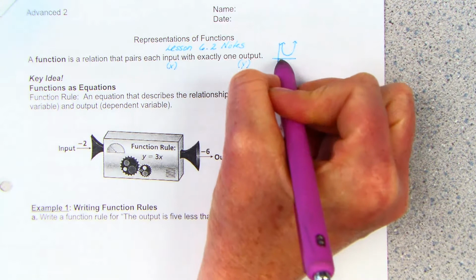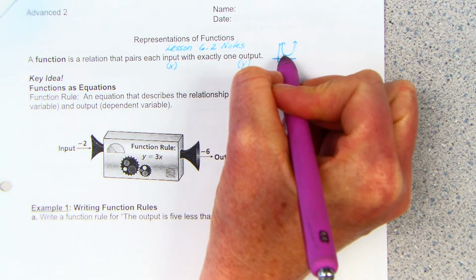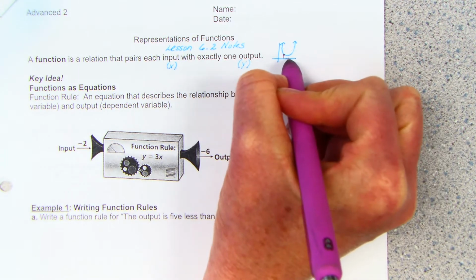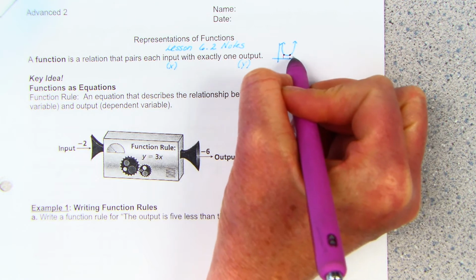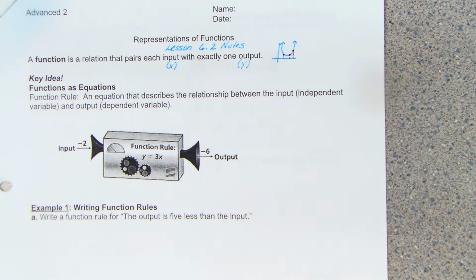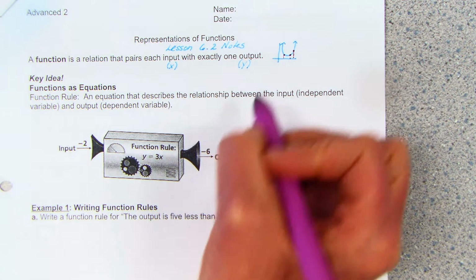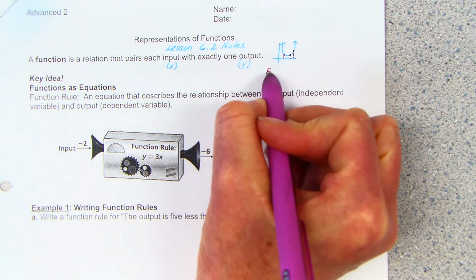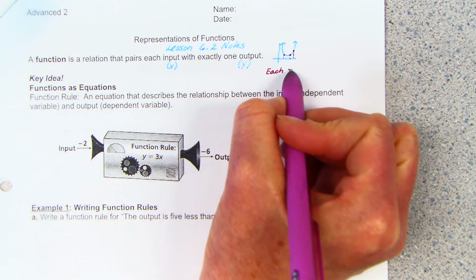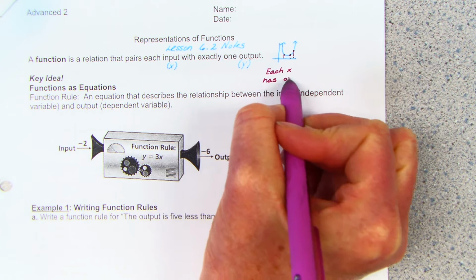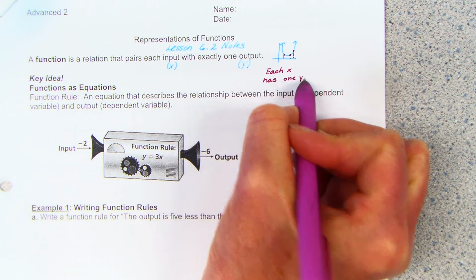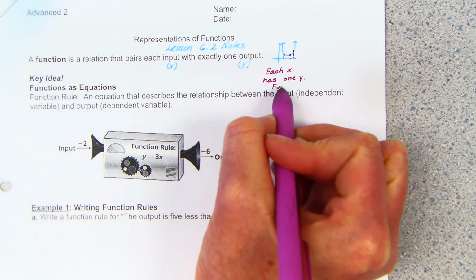If I come over a little bit and then I go up, I'm only going to touch the y in one place. And I go over here and I go up and I'm only going to touch the y in one place. And I go over here and come up and I only cross the y in one place. So each x has one y. And this is a function.